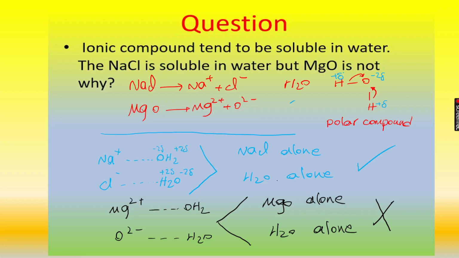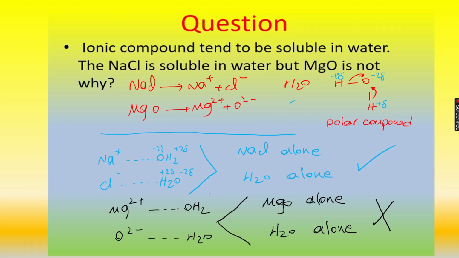So please pay attention. If we are talking about a salt that is soluble in water, you have to bring the first story: the attraction between the ions and the water is bigger than the attraction between the salt alone and the water alone.